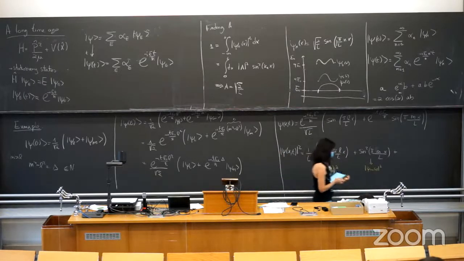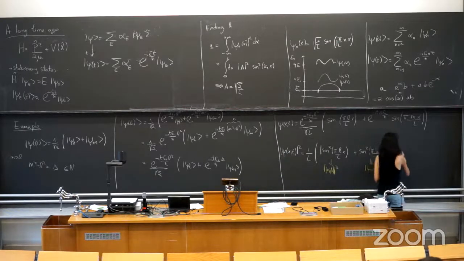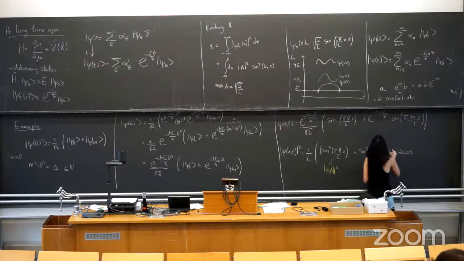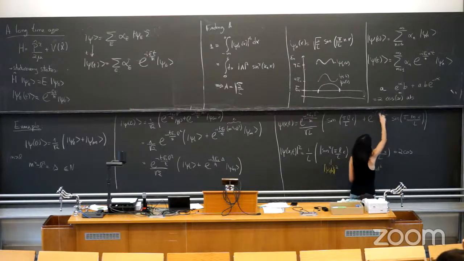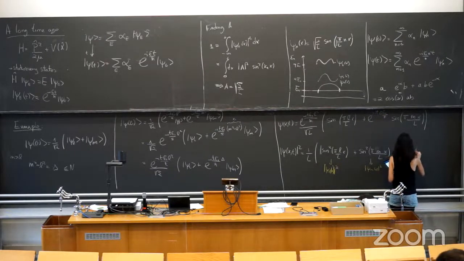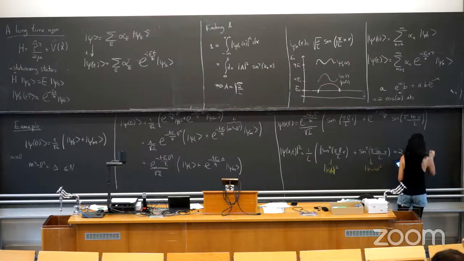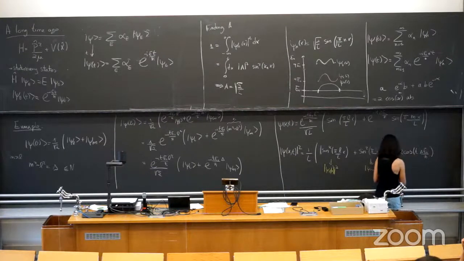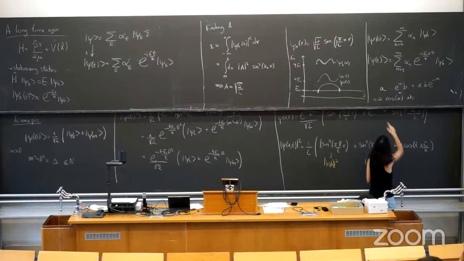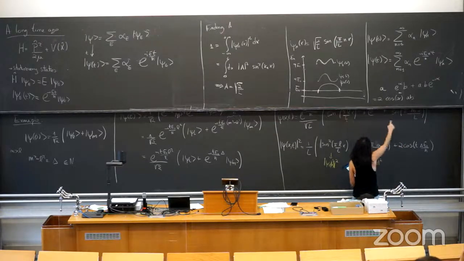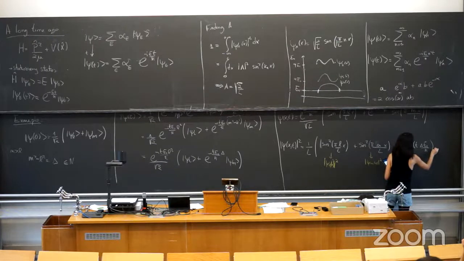So you get 2 cosine of alpha, which is this thing, t delta E1 over h bar, multiplied by the two sines, by A and B, so these are these two sines, times sine of.